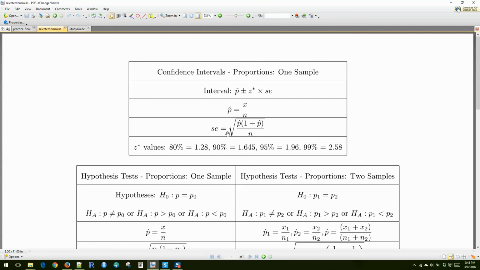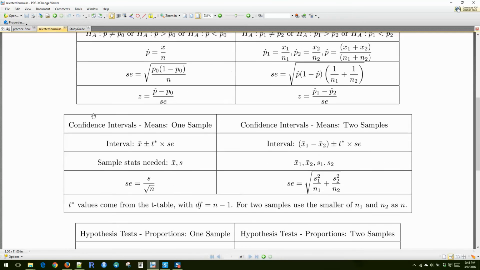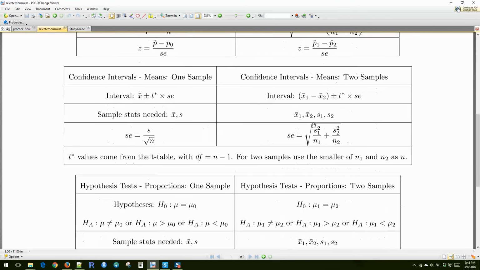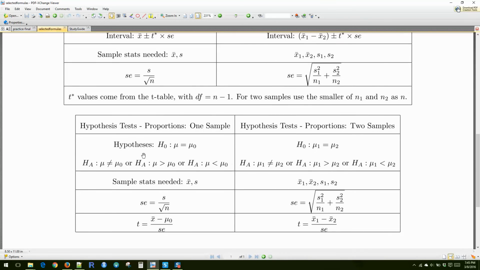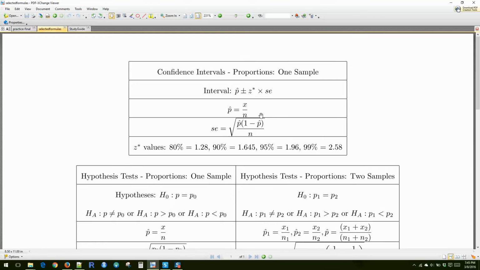The formulas appear here. Hypothesis test for proportions of one sample, hypothesis test for proportions of two samples, confidence intervals for means of one sample, confidence intervals for means of two samples, hypothesis test proportions one sample, and hypothesis test proportions two samples.